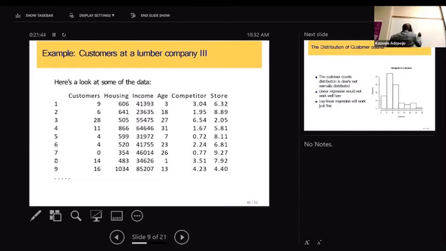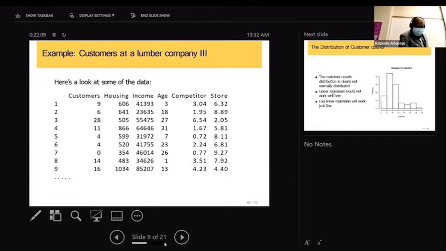When you look at the probability distribution of the customers, which is the response variable here, it is going to be skewed to the right. You're going to have a positive skewness.